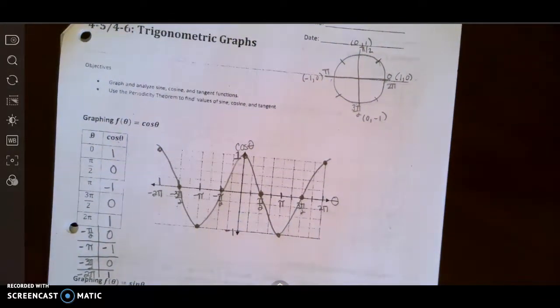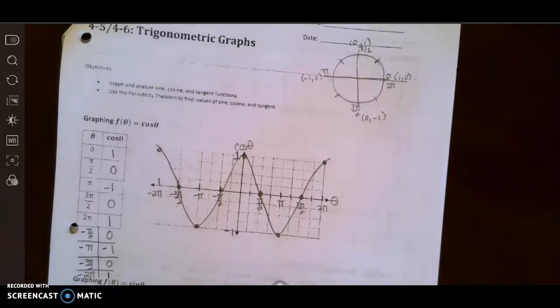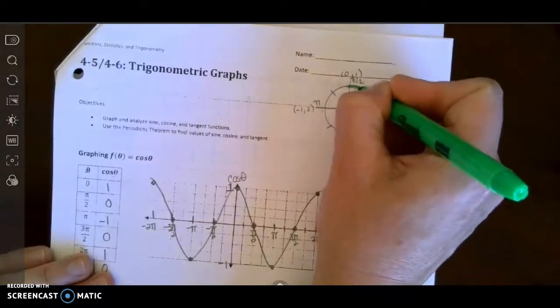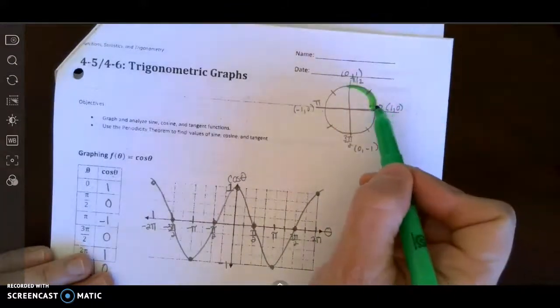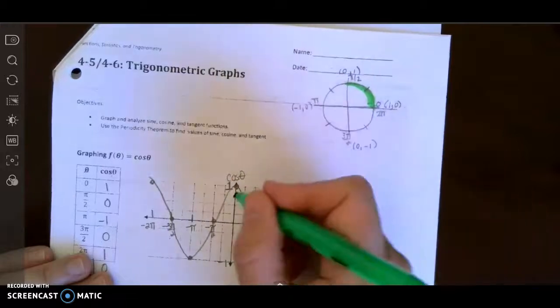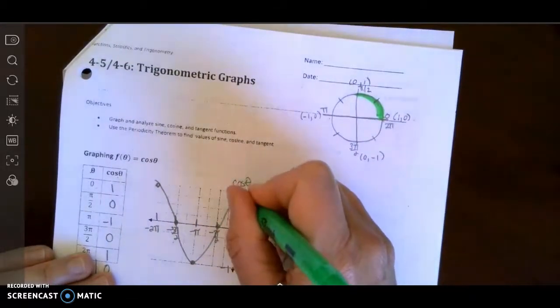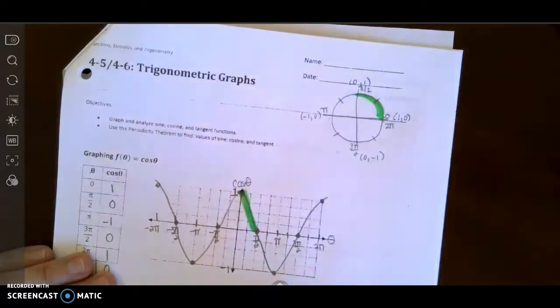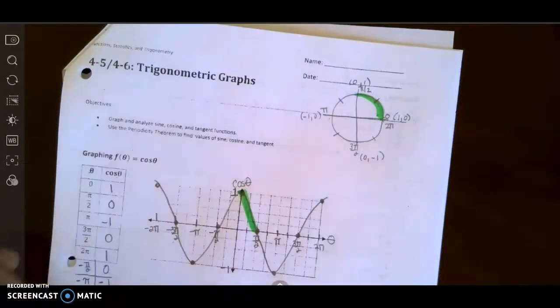Now what I'd like us to do is color code this. I'm going to make quadrant 1 on my unit circle green. Quadrant 1 goes from 0 to pi over 2. From 0 to pi over 2, right here, that is my quadrant 1. Okay.